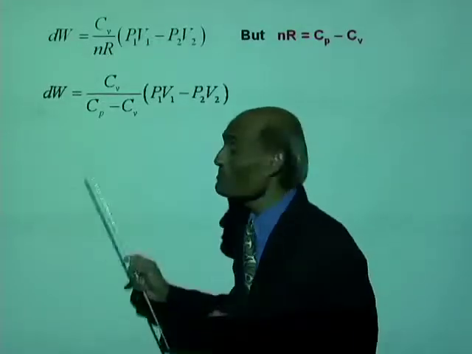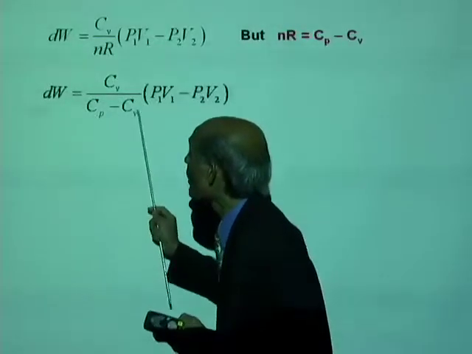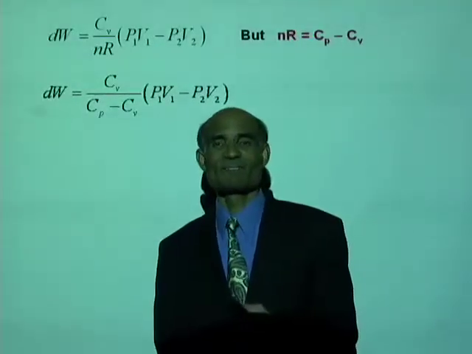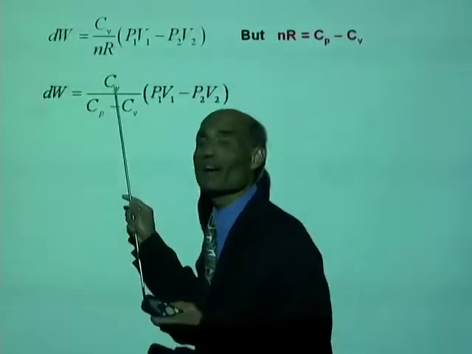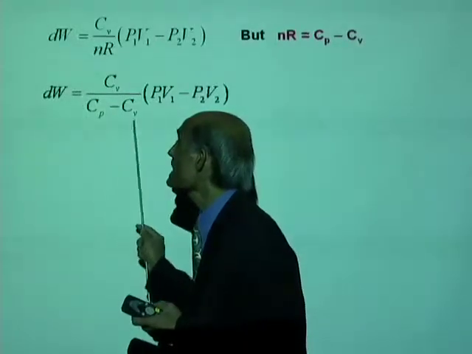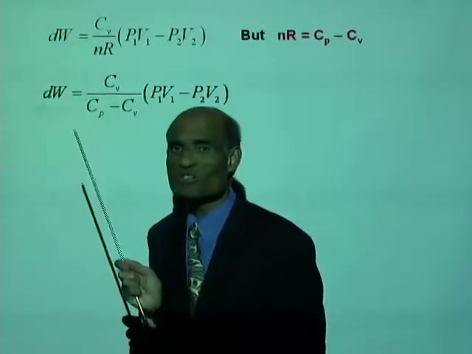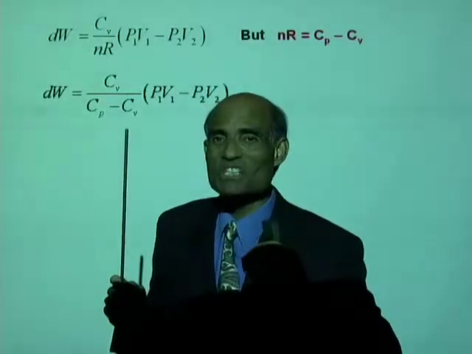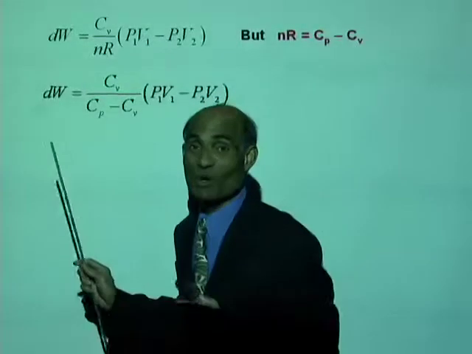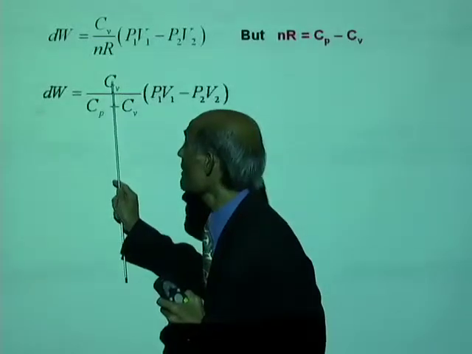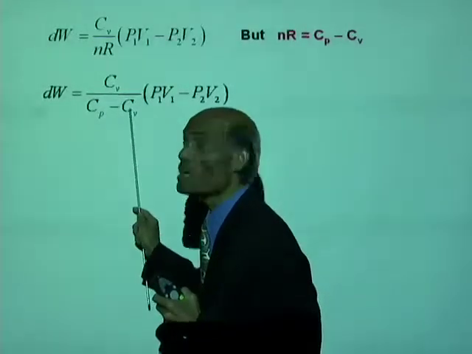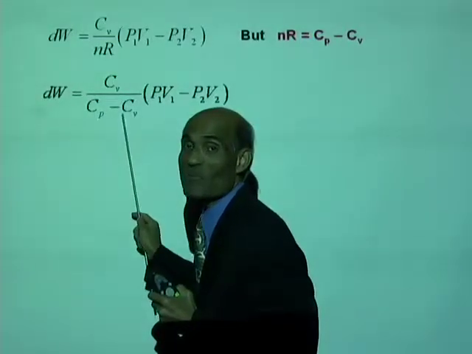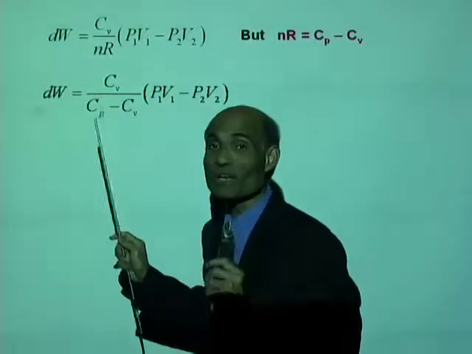Is it possible for us to write this quantity in terms of gamma? What do you think? What is the definition of gamma? Gamma is Cp divided by Cv. So, all you need to do is divide the numerator and denominator by Cv.